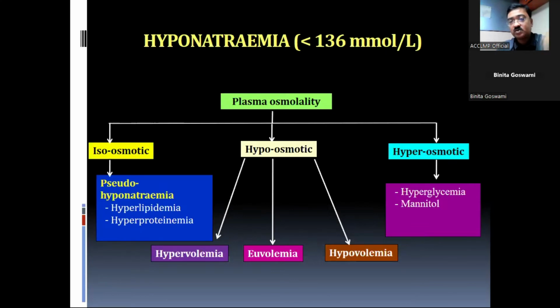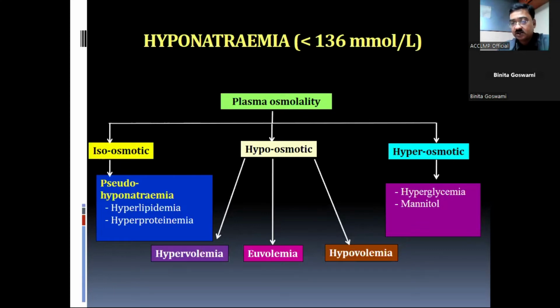So therefore, as pseudo-hyponatremia, low sodium potassium can happen because the water available in the serum other than the protein or lipid is so less, so it miscalculates and gives a low result. So isoosmotic hyponatremias are mainly analytical problems. But if you consider the hypoosmotic one, this can be because of hypervolemia, euvolemia or hypovolemia.